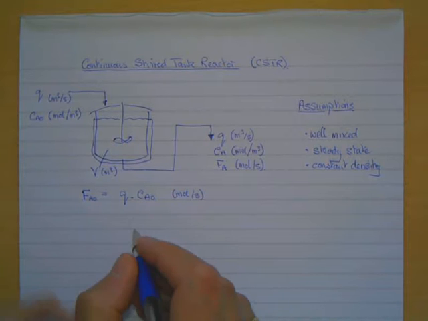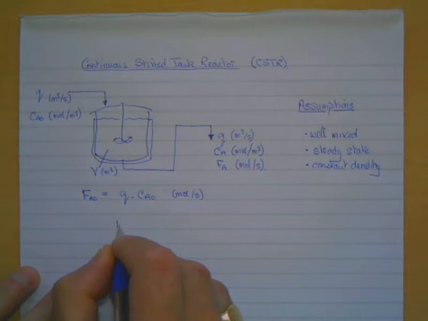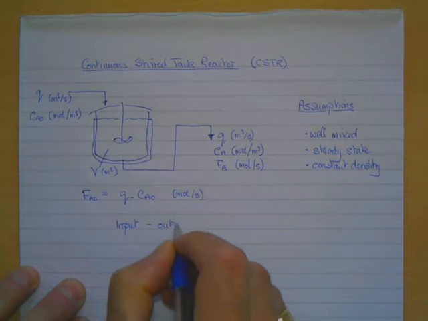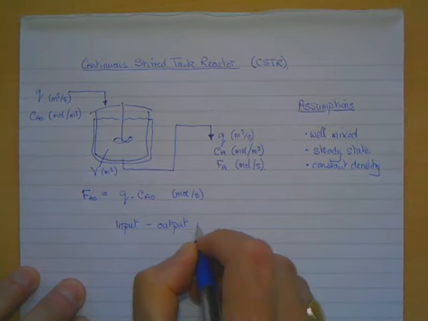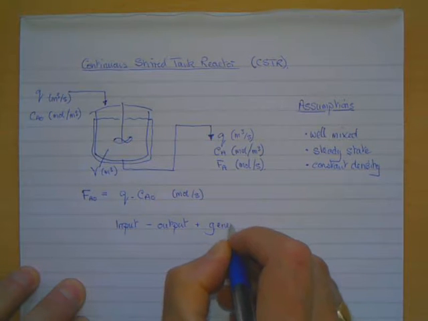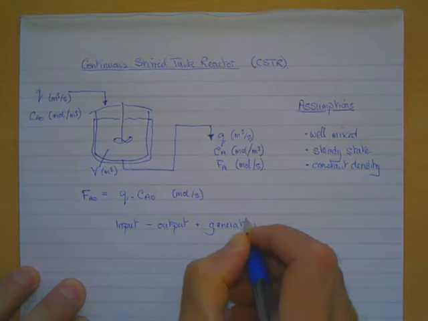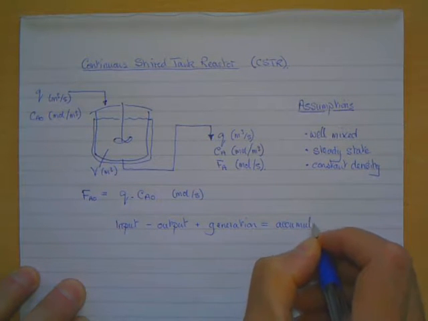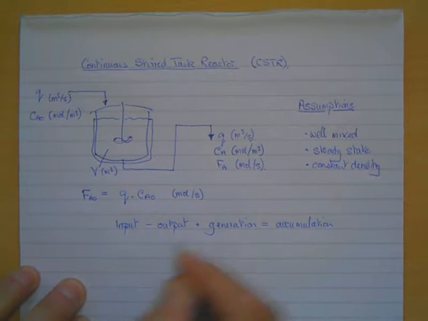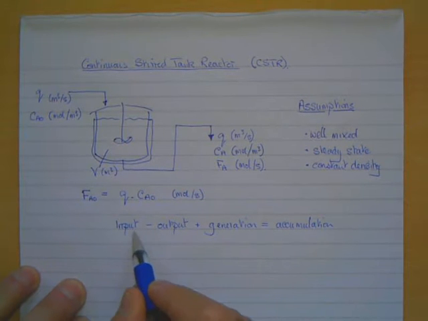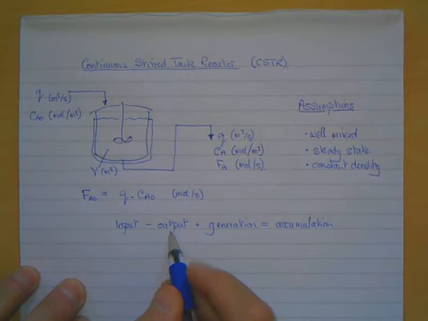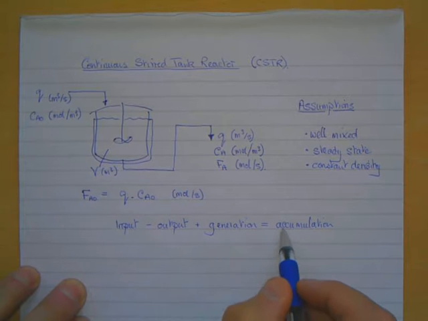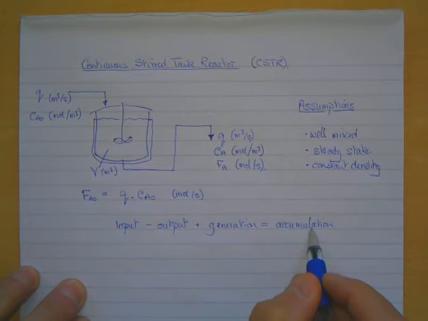Okay. So to derive the equations, we do a material balance again, and we use the usual material balance equation, which is input minus output plus generation equals accumulation. So in other words, what goes in minus what comes out, plus any generation or consumption of material equals the accumulation or the build-up of material in the system.